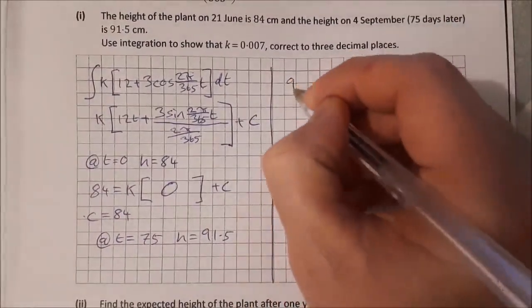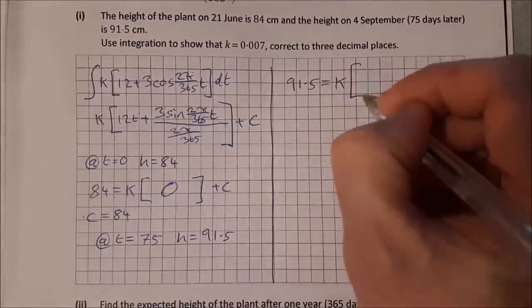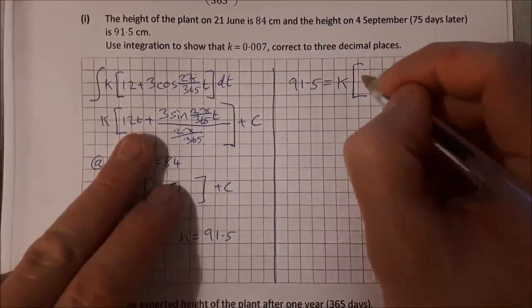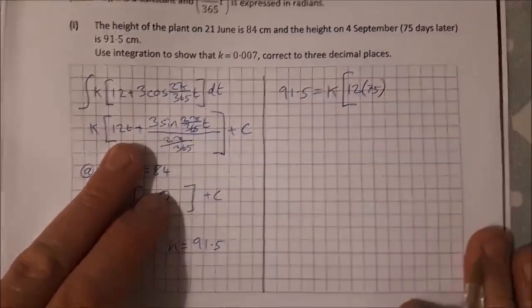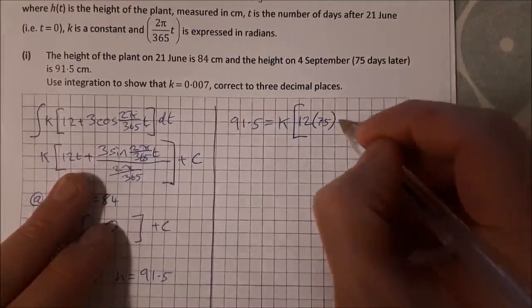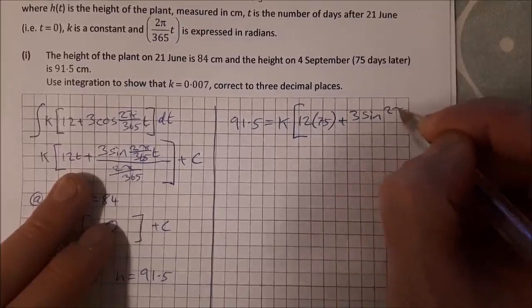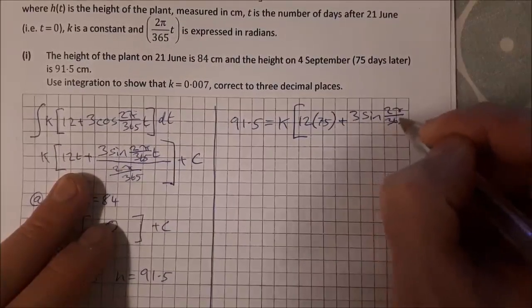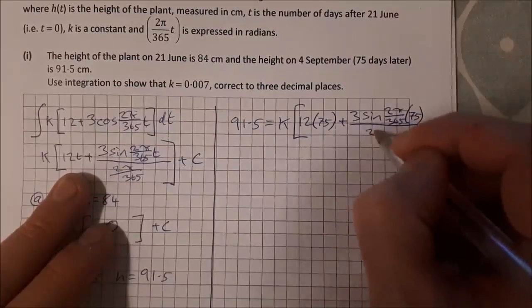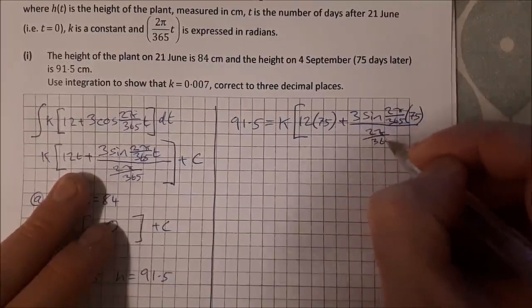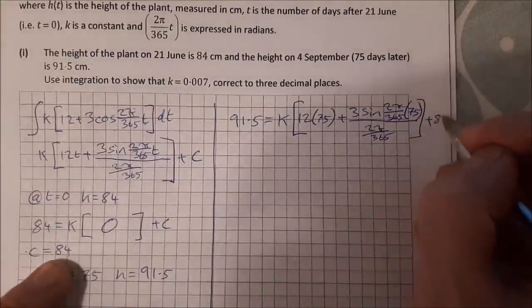So 91.5 is equal to k times 12t, t is 75, plus 3 sine 2 pi over 365 times 75 all over 2 pi over 365, and then plus my constant, which was 84.